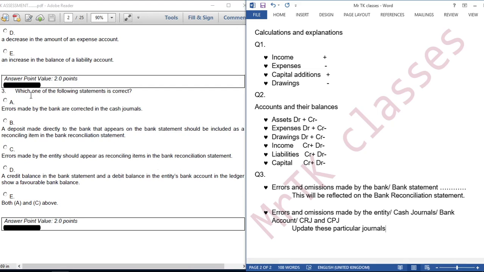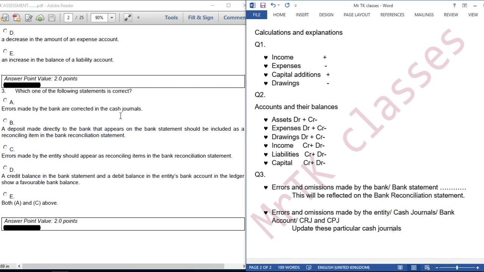We are going to say which one of the following statements is correct. Errors made by the bank are corrected in the cash journals. Errors made by the bank are not corrected in the cash journals. Let me just write cash journals: update these particular cash journals. When I say these particular cash journals, we are just looking at everything that I've written here.